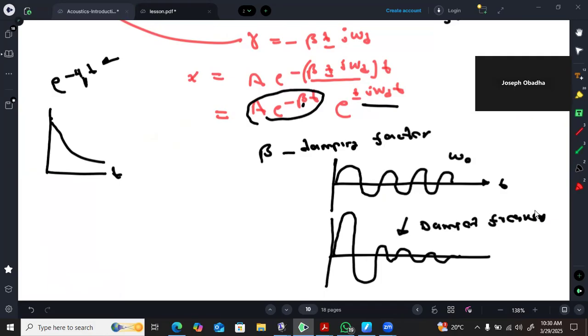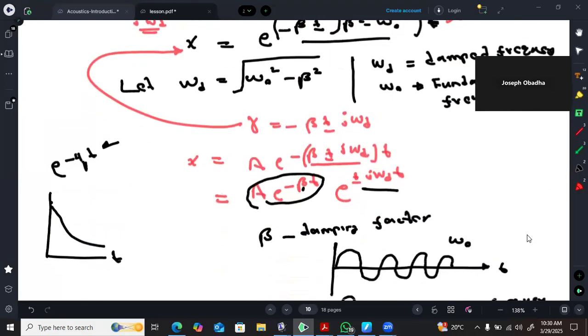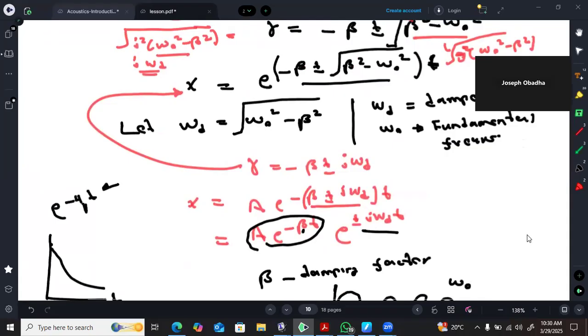Because you can see if, for example, beta is 0, then omega D is just equal to omega naught. So everything goes back to the undamped oscillation. Because if beta is equal to 0, here you would also just have A. This quantifies the damping.